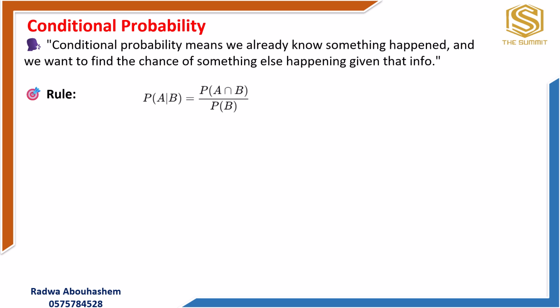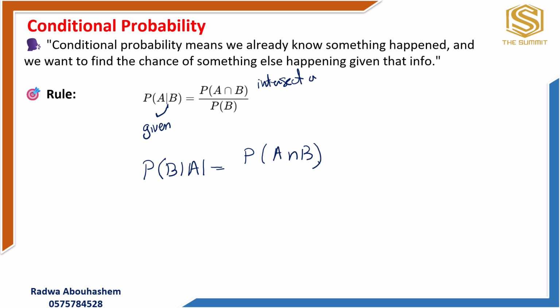So here, the probability of A given B equals the probability of A and B, the intersection, over the probability of B. If I want A given B, I divide the intersection by the probability of B. For the probability of B given A, it would be the probability of the intersection, A and B, over the probability of A, the given one.